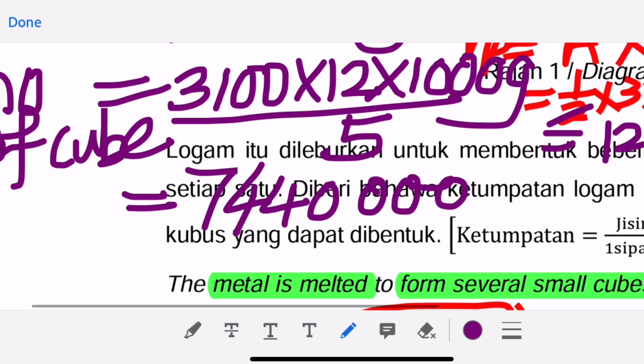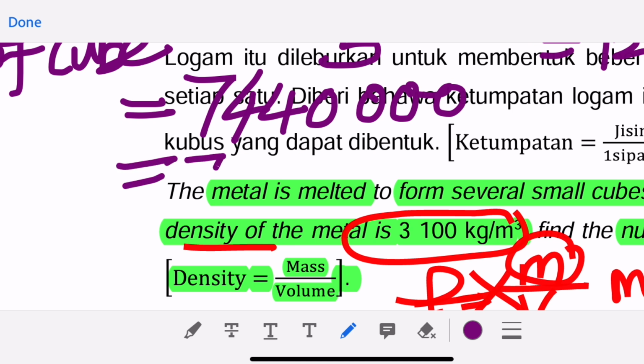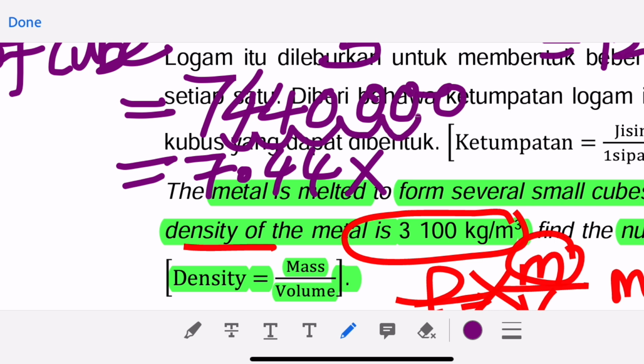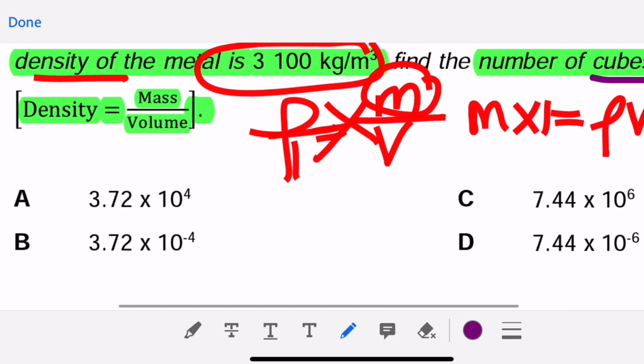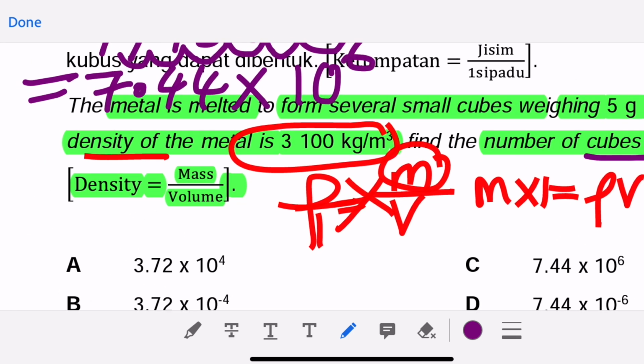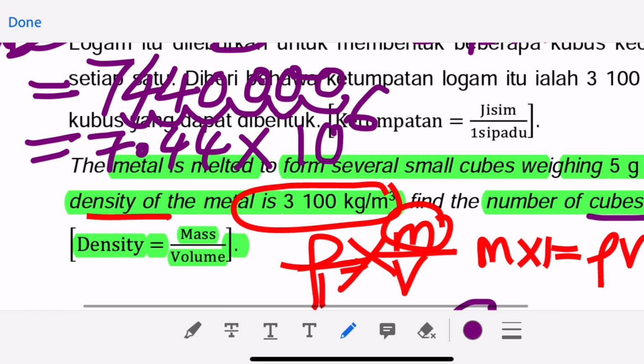Okay, so the answer is 7.44 times 10 to the power of 6. Be careful with the number for the standard form. So the answer is 7.44 times 10 to the power of 6.